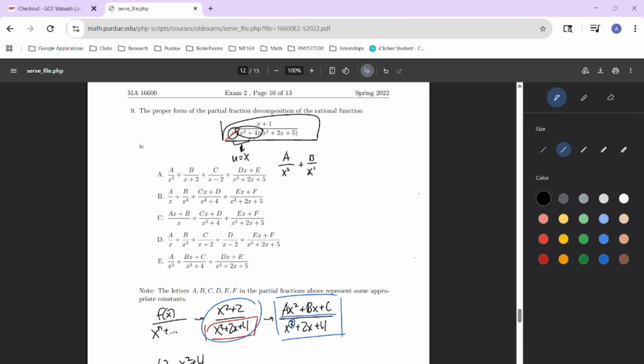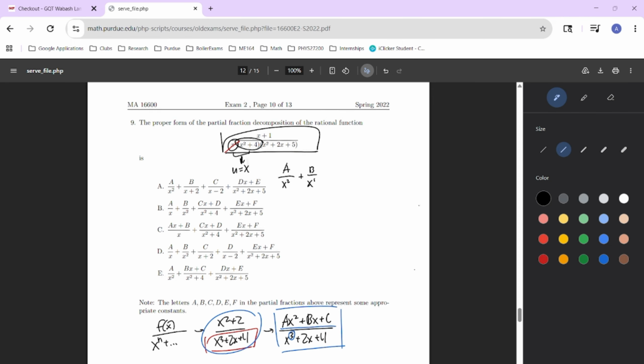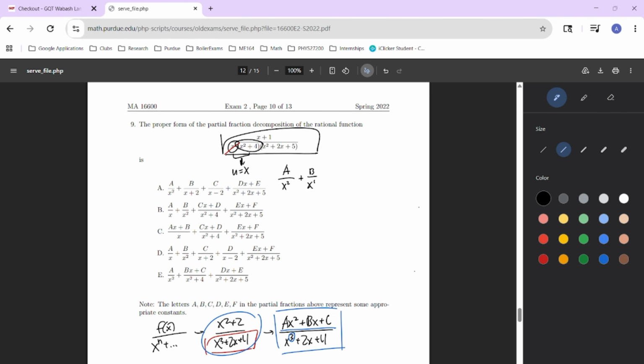Now let's consider this one, x squared plus 4. We know that x squared plus 4 cannot be factored any further, just because if you factor it any further, you would begin introducing imaginary numbers, and we cannot have that for a problem like this. In which case, our highest degree of general solution should be a degree of 1, which is the general format of a line.